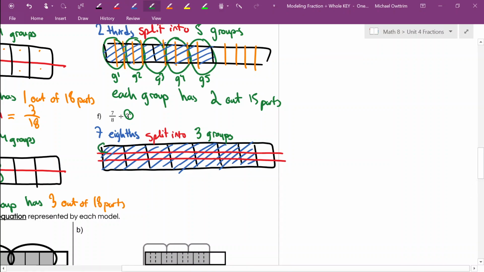And we'll go ahead and circle. That will have group 1, group 2, and group 3. And so in each group we have 1, 2, 3, 4, 5, 6, 7.